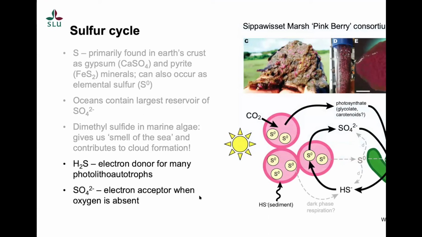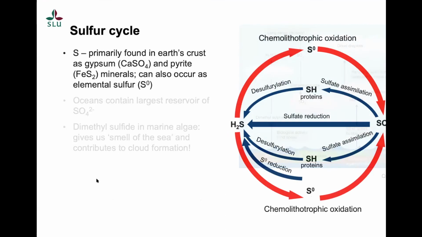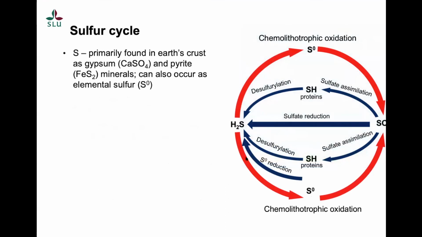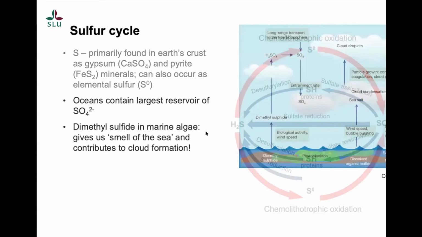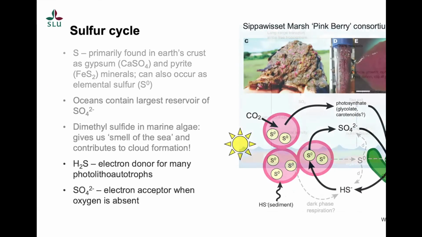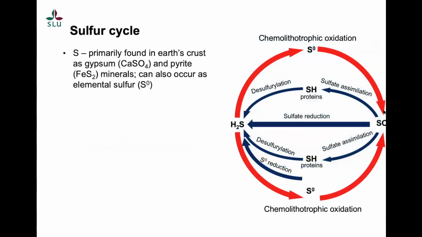And just to give a nice example of sulfur cycling, if you go back here real quick, you have processes where it's being oxidized, which can occur aerobically or anaerobically, and it's being reduced. And, by the way, of course, you have assimilation into proteins as well.